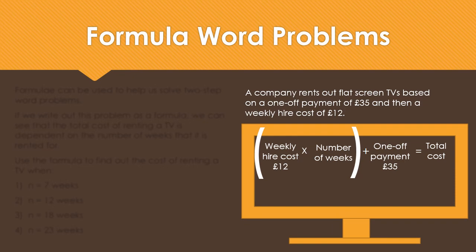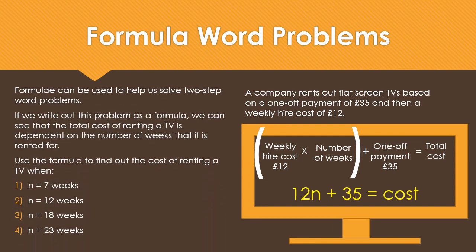So weekly hire cost of £12 multiplied by however many weeks you want to hire the television for, plus a one-off payment of £35. This could be written using this formula: 12n plus 35 equals the cost. Pause the video here and just take a moment to digest that and make sure you fully understand it.